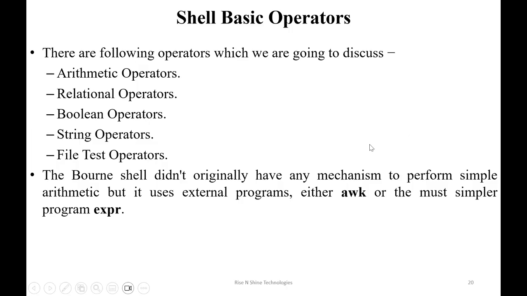Suppose we try to understand arithmetic operators first, before moving to the remaining operators. How do we define arithmetic operators in shell scripting? Suppose I need to write a plus b, or a minus b. Let me go to the shell.